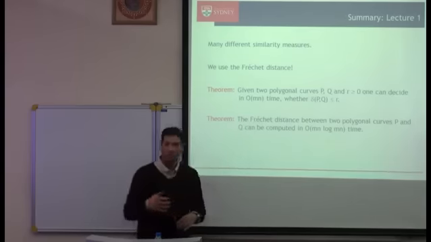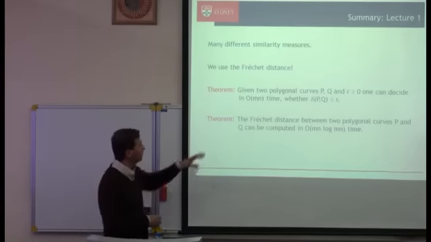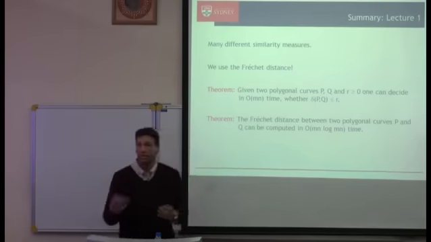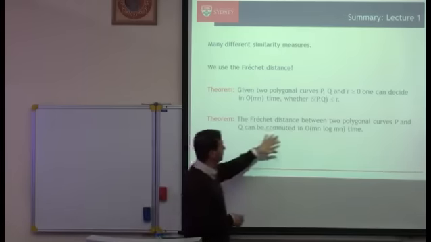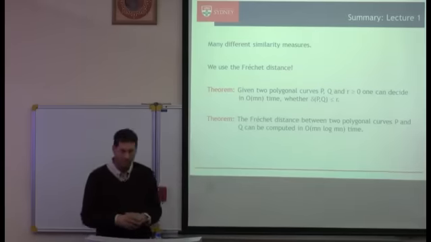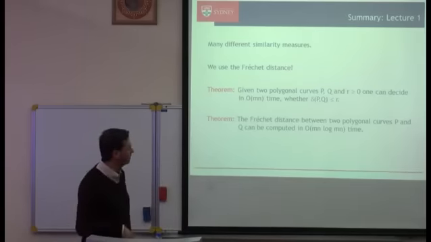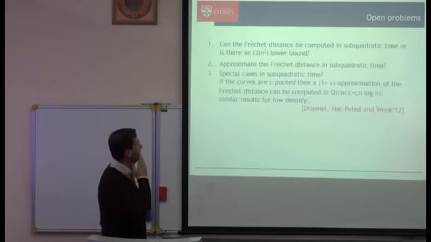It requires more or less quadratic time to just decide if the Fréchet distance is at most r, and we can compute the Fréchet distance between two curves in mn log mn time. So it's slow but accurate. So there are a lot of nice open problems here.